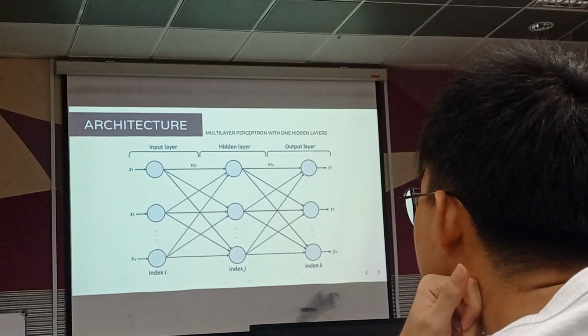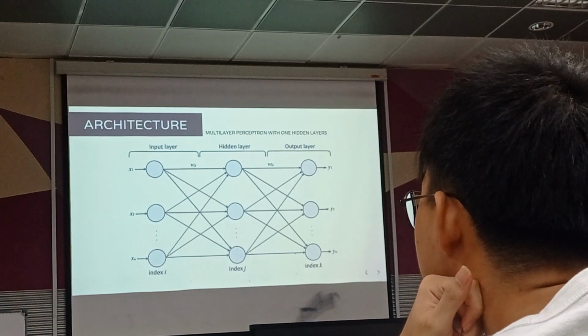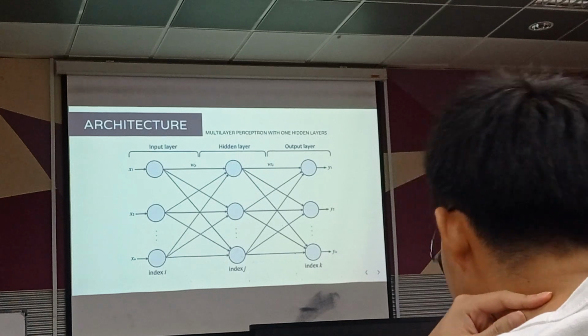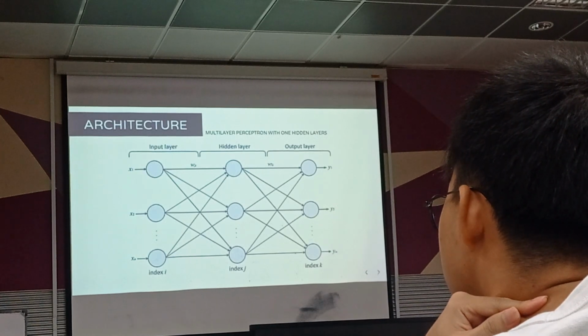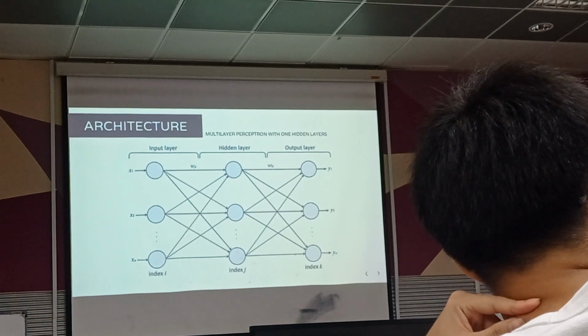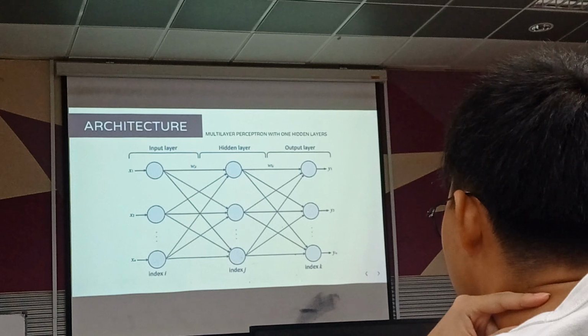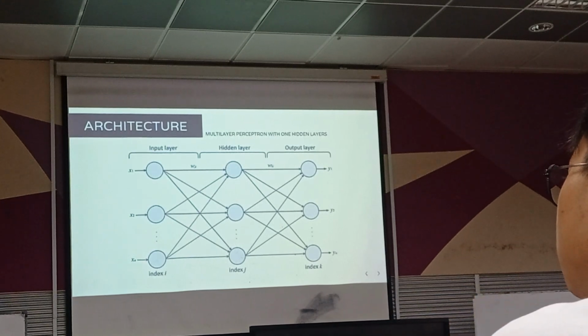We have W1, W2, W3, and so on, and at the same time we have biases. And then you get some output. You will go through another set of Ws, and then you have another bias. Okay, so this is a multi-layer neural network. You have at least one hidden layer.